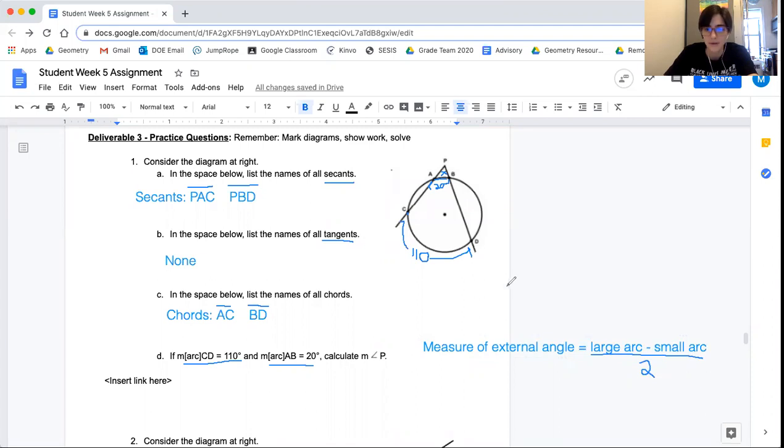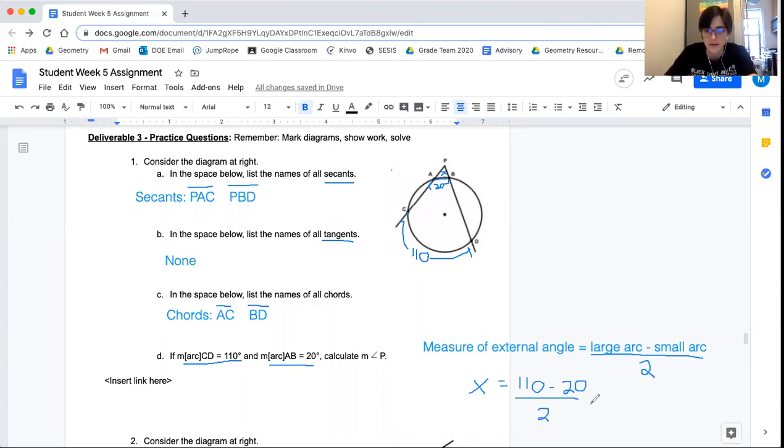So now I'm just going to plug in what I have. My measure of my external angle, that's X, equals the large arc, 110, minus the small arc, 20, divided by 2.